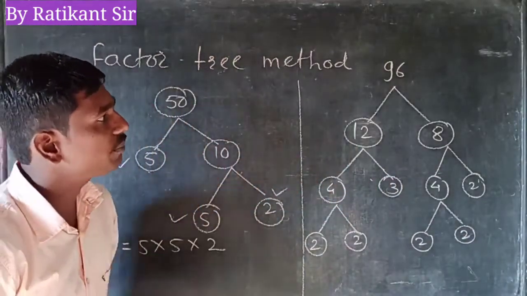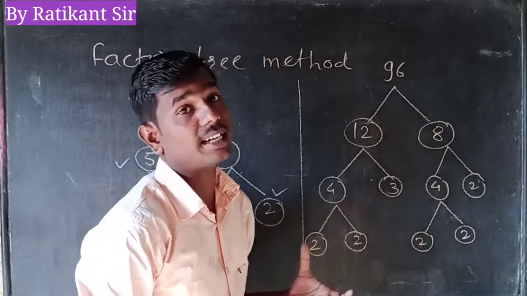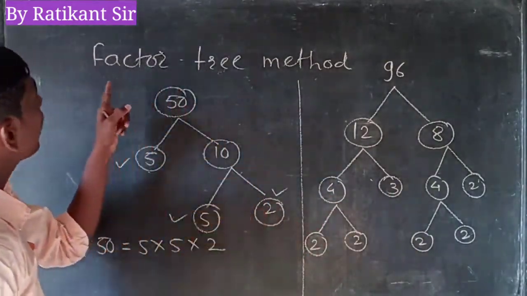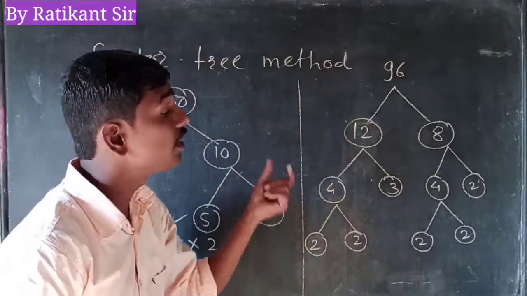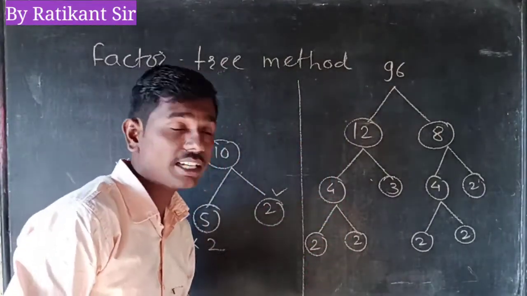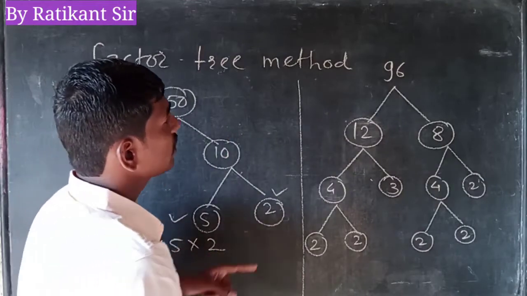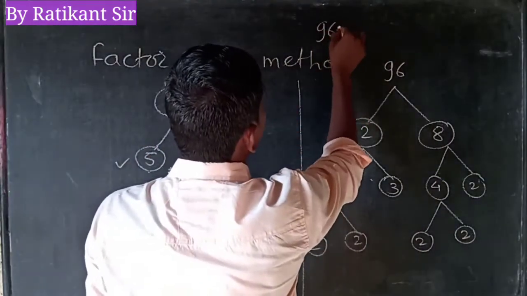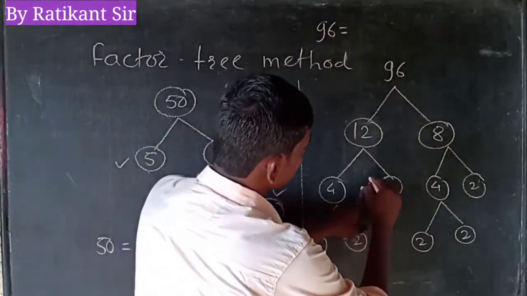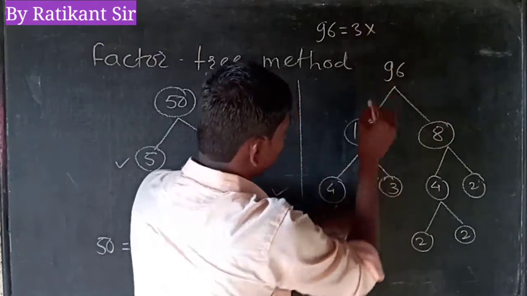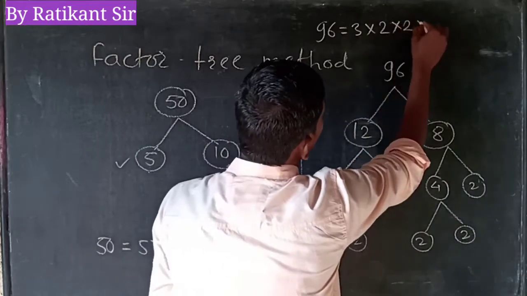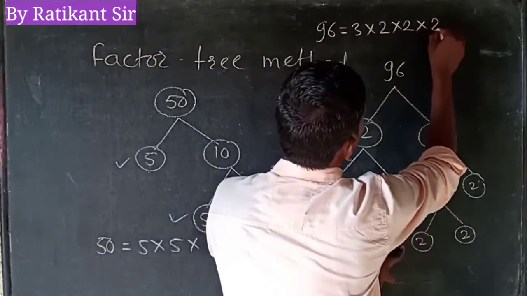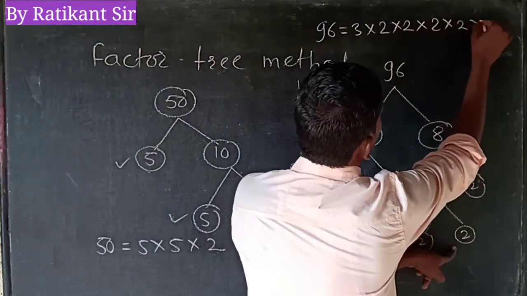So this method is called the prime factorization method. Sorry, but by which method? Factor tree method. Which method are we using here? Factor tree method. This is prime factorization. But we have to write like this: 96 is equal to, the first prime is 3, into 2 into 2, then from 8 you write this 2 and the last 2.